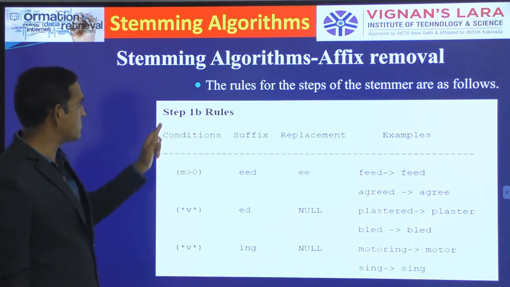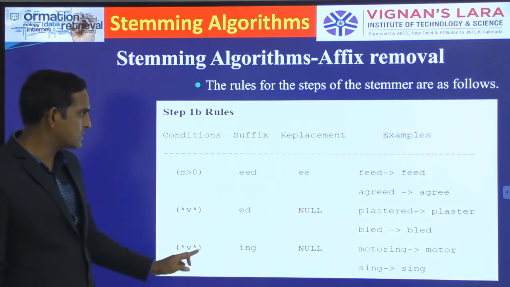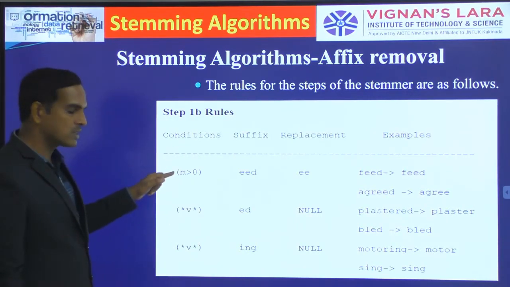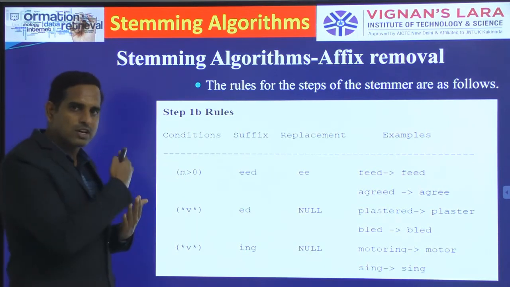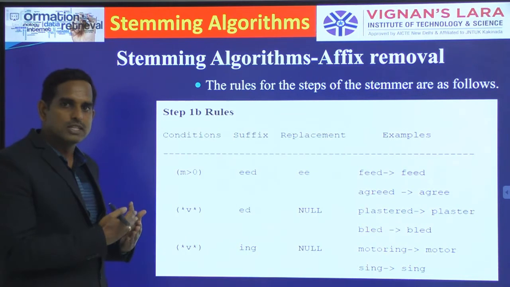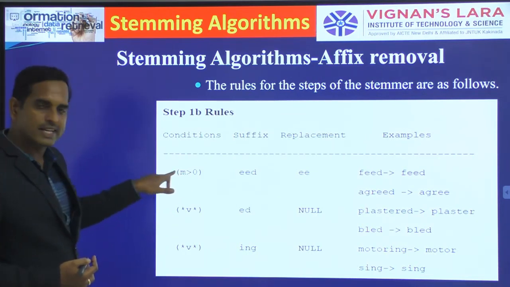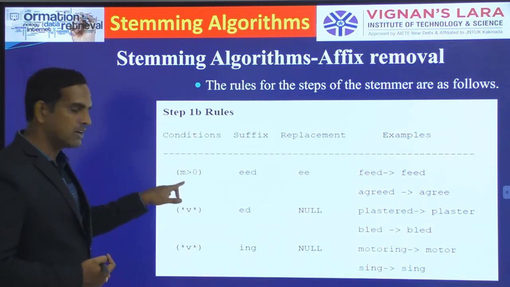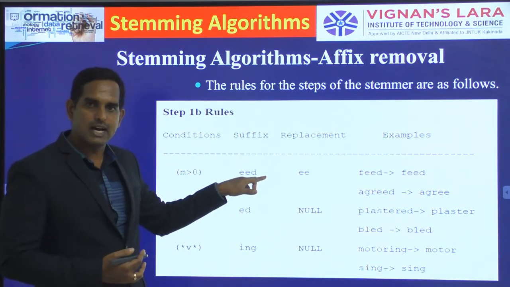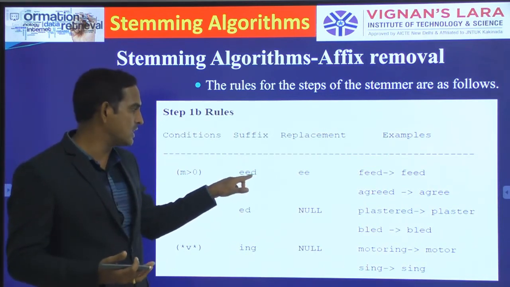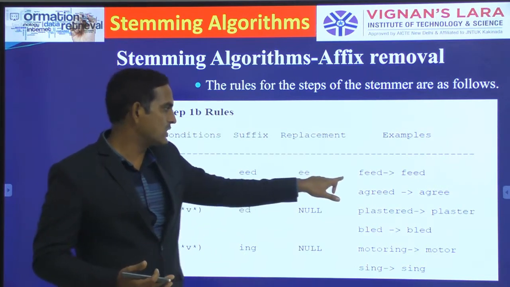In a similar manner, we have the 1B rules. In the 1B rules, we have conditions on the stem. The condition on the stem is that the M value is greater than 0. You already looked at what the M value is, that is the vowel-consonant combinations. So if the stem has an M value greater than 0, and the word ends with EED, it will be replaced with EE.